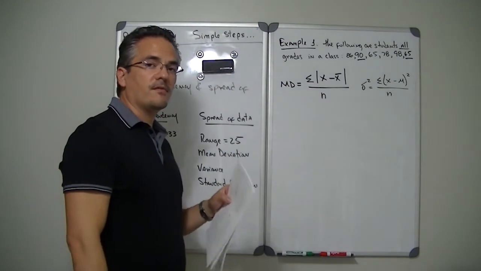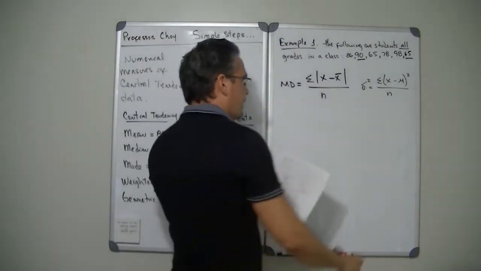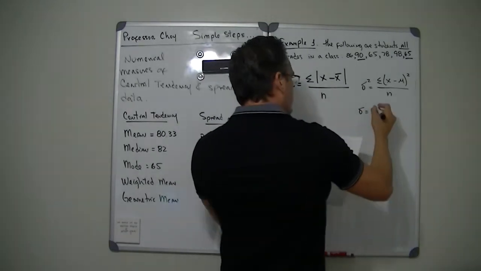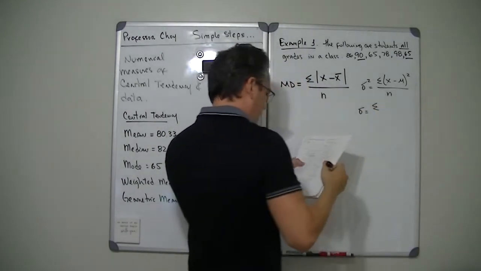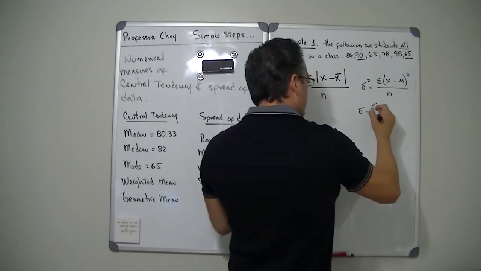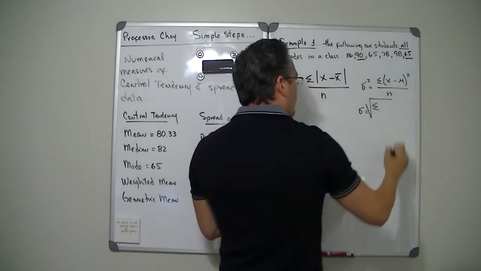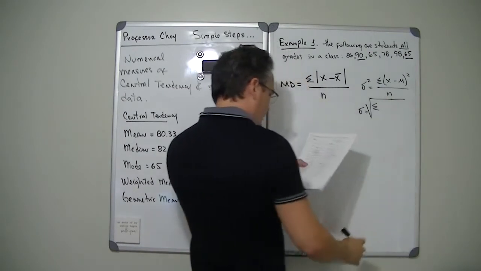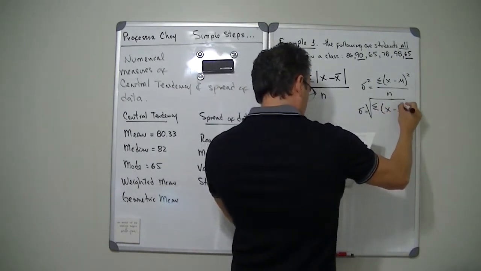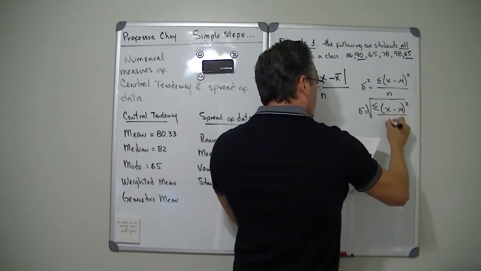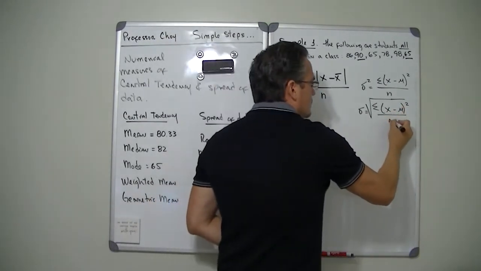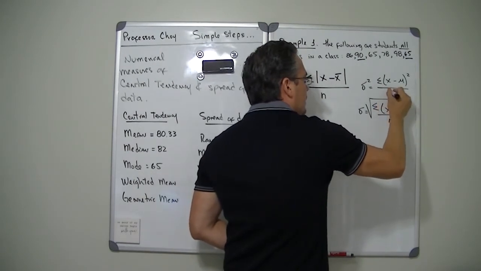And then the formula for standard deviation for population is sigma equals, forgot the square root, so square root of summation x minus mu squared over n. Sorry, that's capital N because it's population.